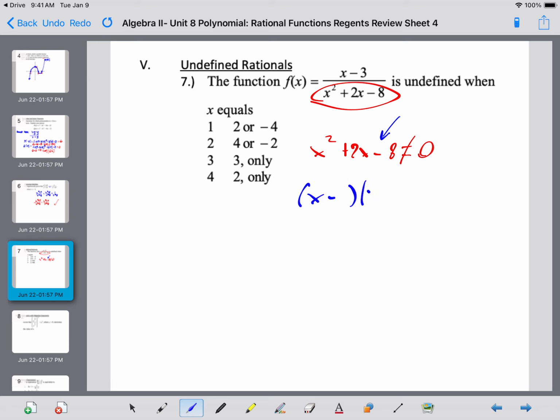So x minus, x plus. What factors of 8 would subtract to 2? 4 and 2. It's a positive 2, so it would be negative 2, positive 4. Alright, 4 minus 2 would be positive 2. So, you set those factors equal to 0, and you would get negative 4 and positive 2. So the function would be undefined at negative 4 and positive 2.